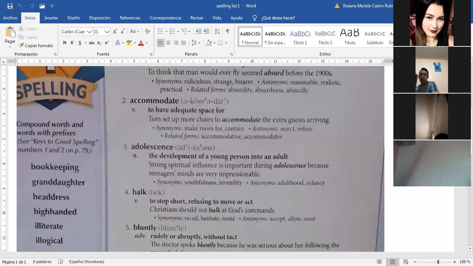Who can help Camila? Can you help her, Jose? Adolescencia. Exactly. Camila, look. It's the development of a young person into an adult. Now spell it, Camila, please.